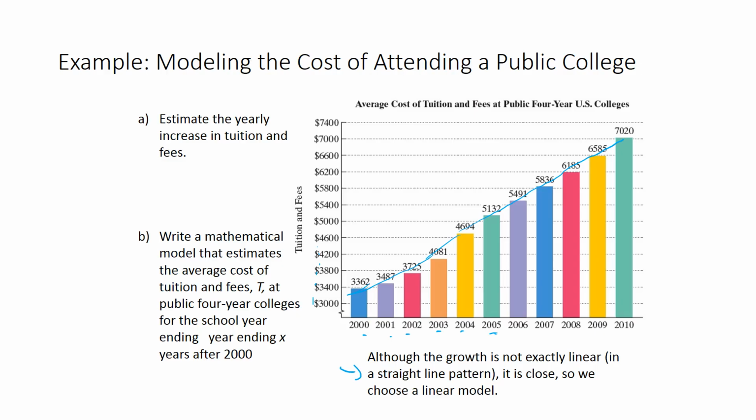So again, if we want the yearly increase, it went from 33.62 to 70.20, but that happened over a 10-year span. So that's exactly what we'll do like we did last time. We find the difference.